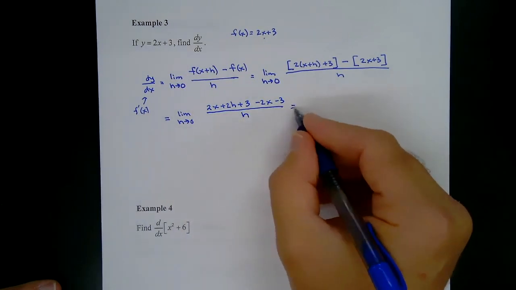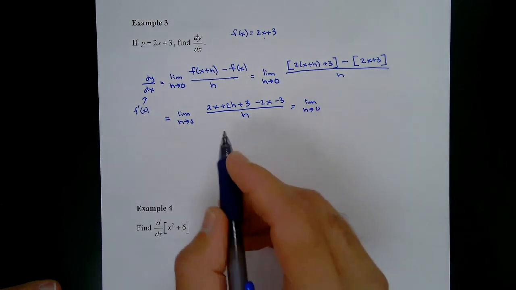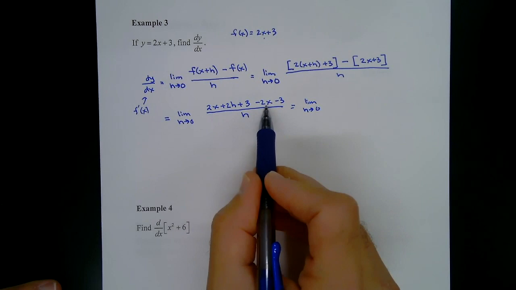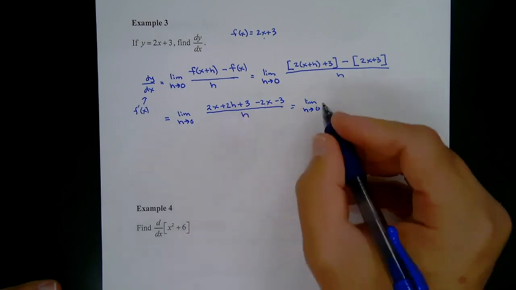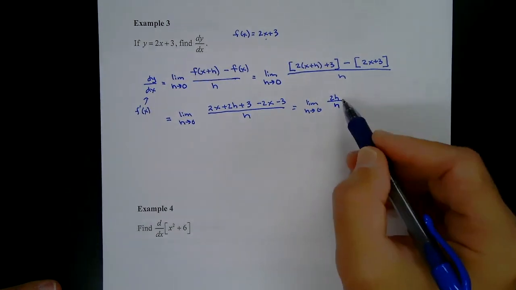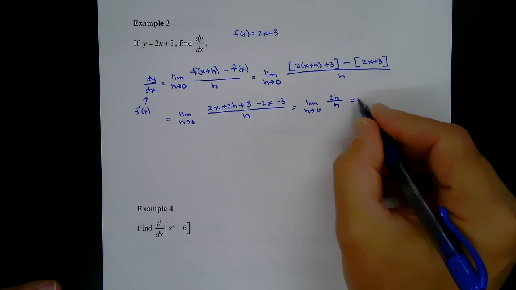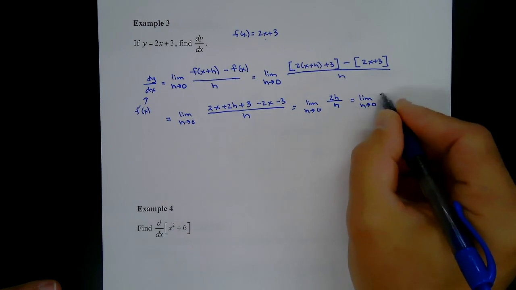Okay, and then this is equal to the limit as h approaches 0. And here my 2x minus 2x, those cancel. The 3 and the minus 3, those cancel. And all you're left with is 2h over h. And your h's cancel here, so you're left with the limit as h approaches 0 of the number 2.